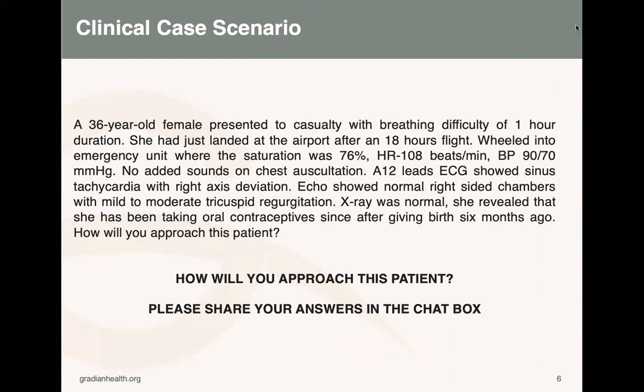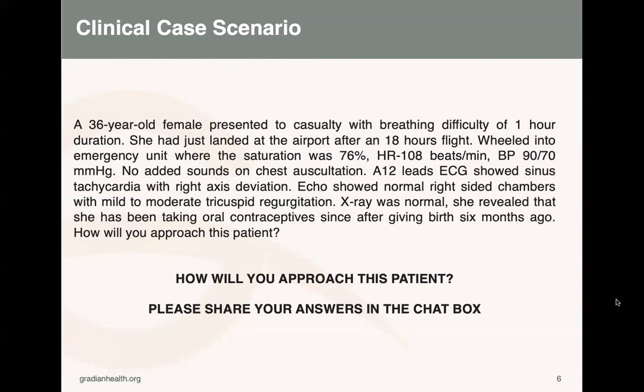On chest auscultation, there were no added sounds. A 12-lead ECG showed sinus tachycardia with right axis deviation. Echo showed normal right-sided chambers with mild to moderate tricuspid regurgitation. An X-ray was also done, which was normal, but she revealed that she has been taking oral contraceptives since giving birth 6 months ago.